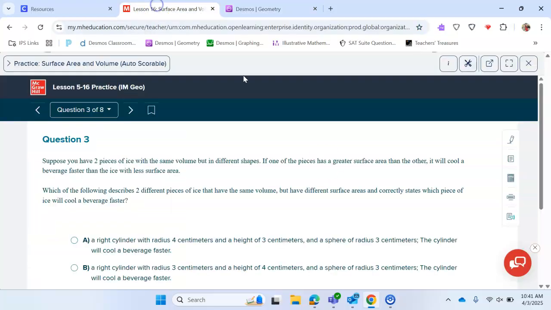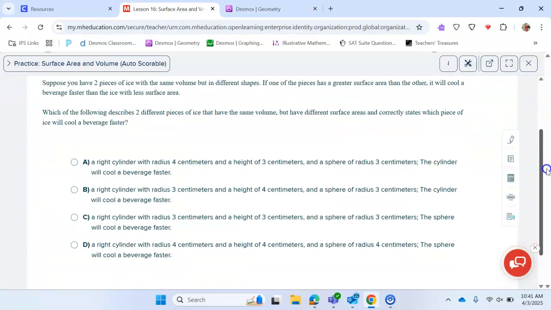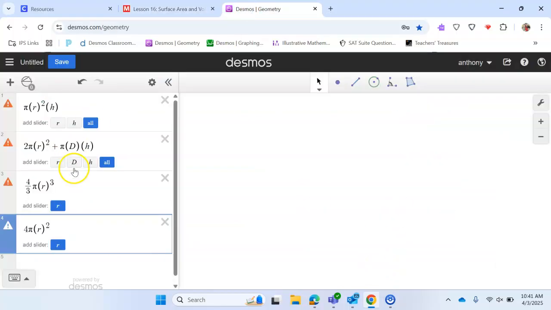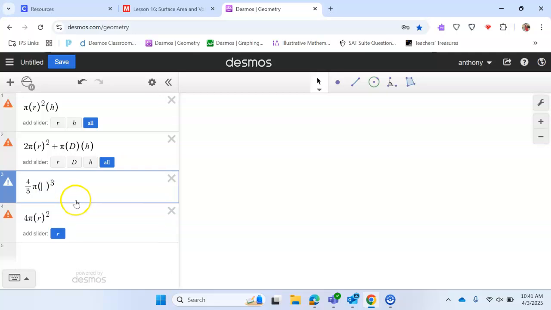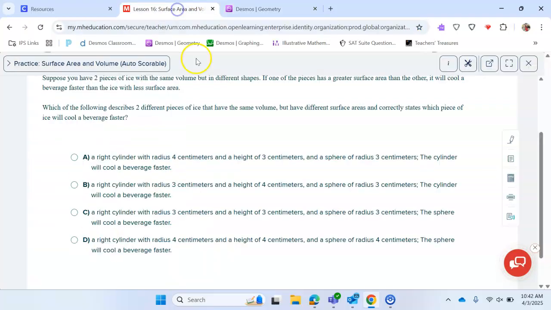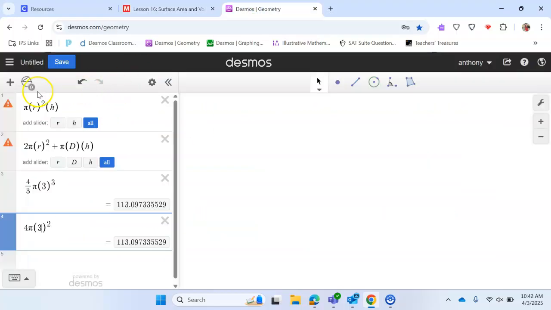They all say the sphere has a radius of 3. This last one says 4, but let's go ahead and put 3. The sphere has a radius of 3. The cylinder has either a radius of 4 or 3. Let's try 3.